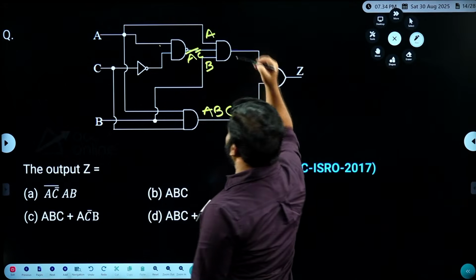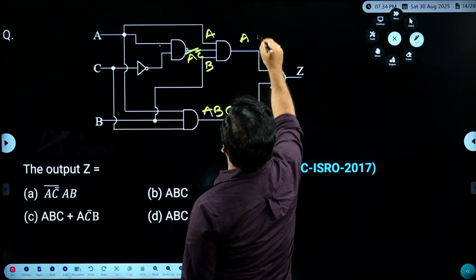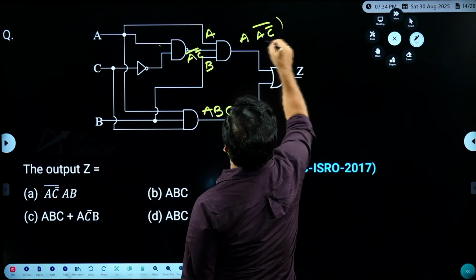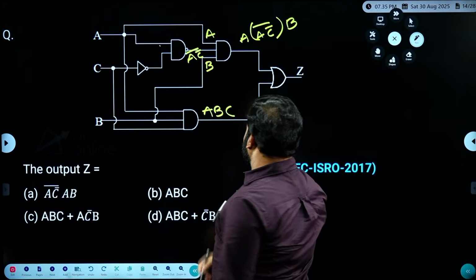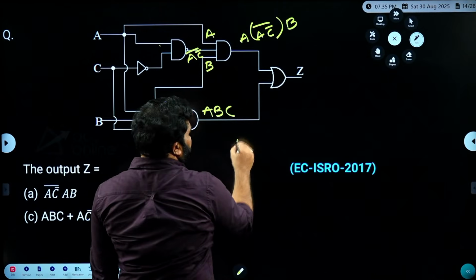What is this AND gate output? A AND with (A C bar) whole bar and with B. So logical OR of these two. Let us simplify this. What we get here?